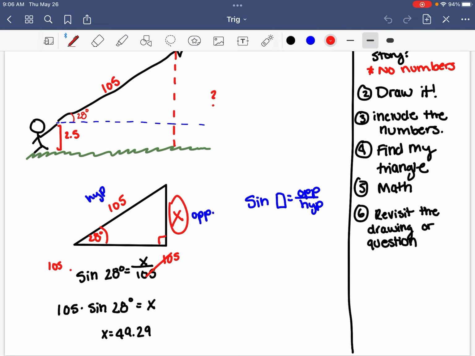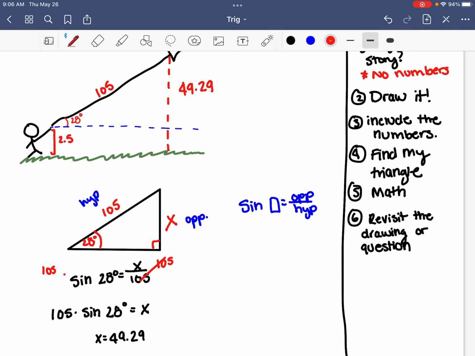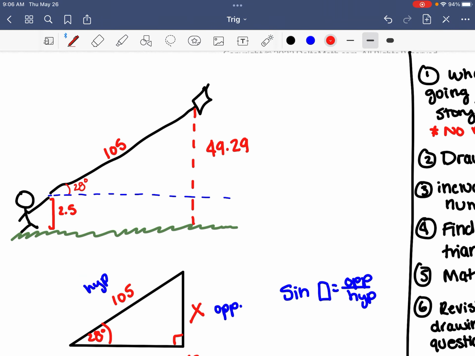And this side right here on our drawing is right here. So this is 49.29. But notice that this 49.29 only accounts for this chunk right here. That is not from the kite to the ground. I'm missing this number right here, okay?